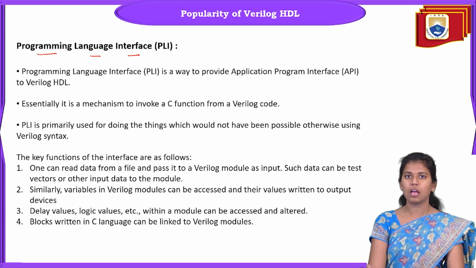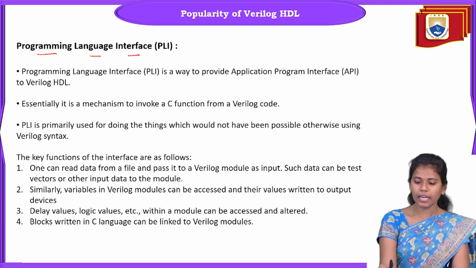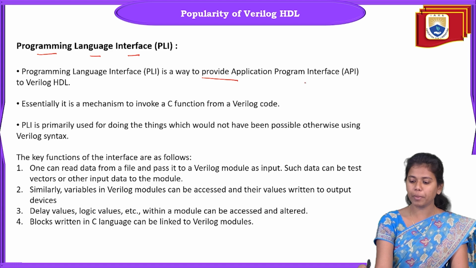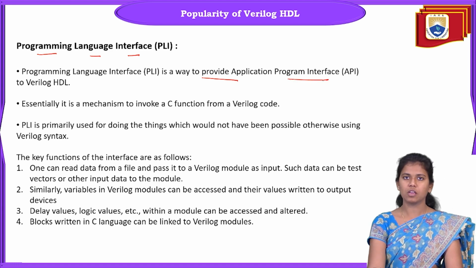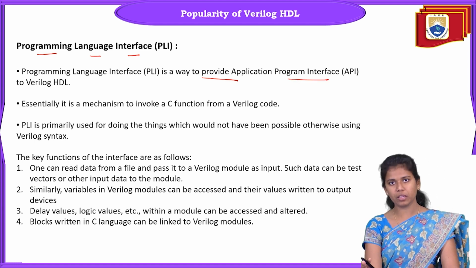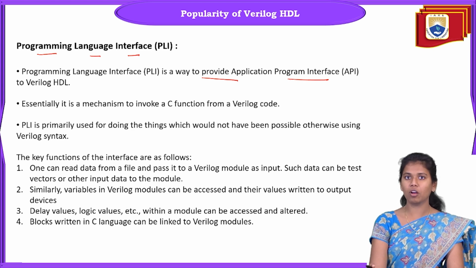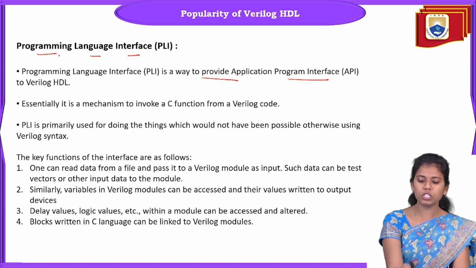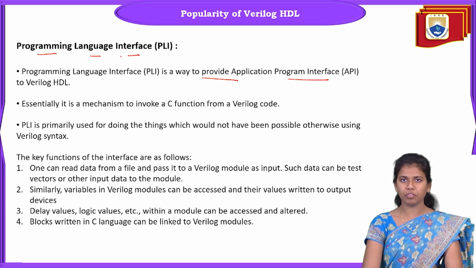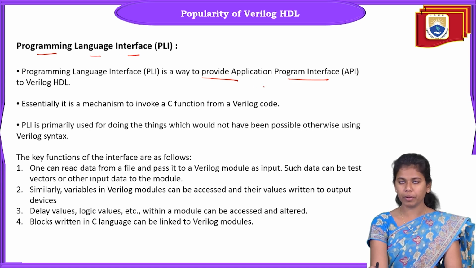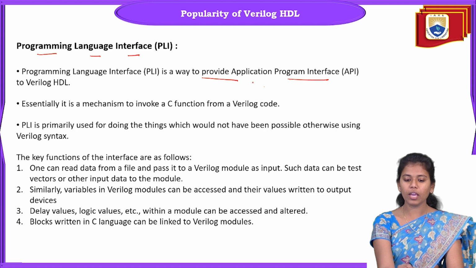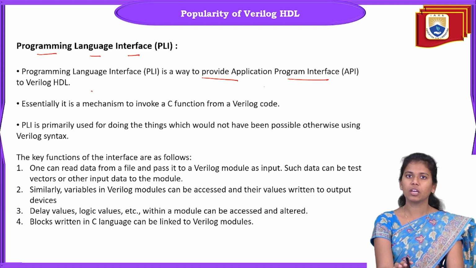This is an interface. What is this interface? It is a way to provide an application program interface. So in order to provide an application to the Verilog HDL, we go through this programming language interface. That means, in order to provide the application of a particular module, we are using this programming language interface.